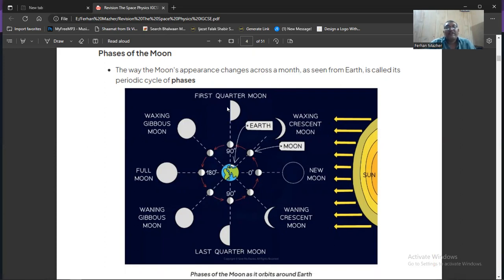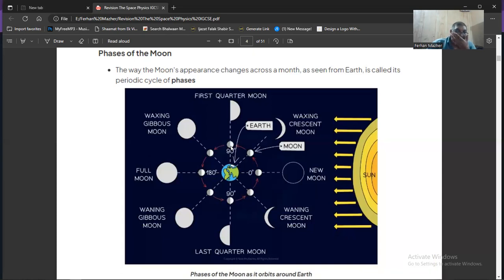Let's start from here. When the moon is here on the Earth, you will see the new moon. When the moon is here, you will see a waxing crescent moon.